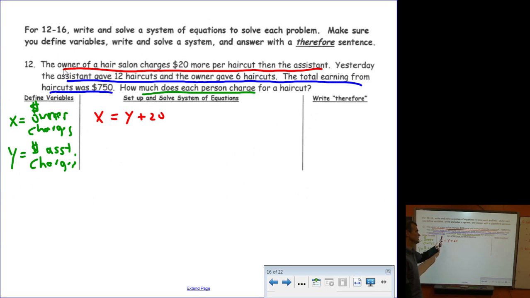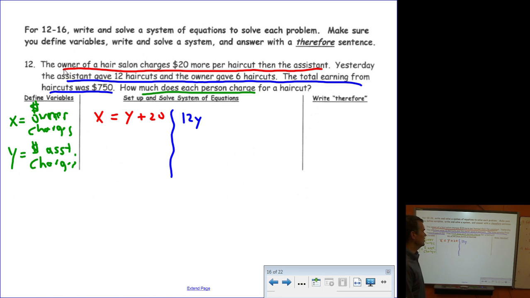The owner charges the assistant's amount plus 20. And then the blue underline is my other equation. And that would be when the assistant gives 12 haircuts. So 12 times y would be the cost of the assistant giving 12 haircuts.